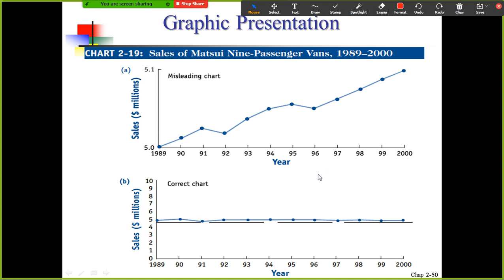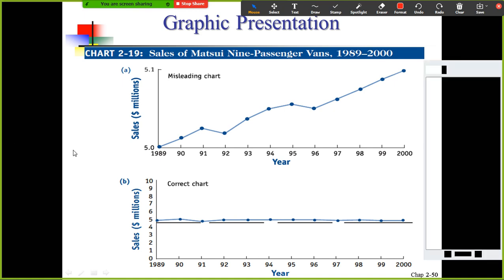Okay, so this slide asks you again. I ask you to remember and to summarize in one paragraph what you need to find.